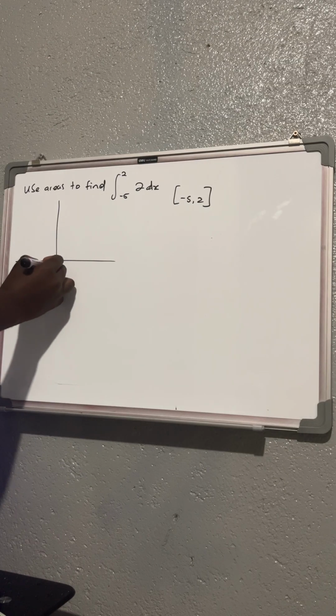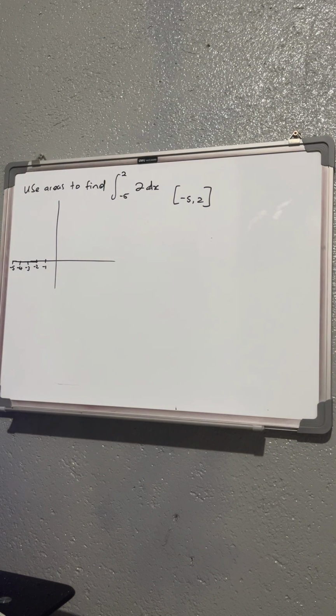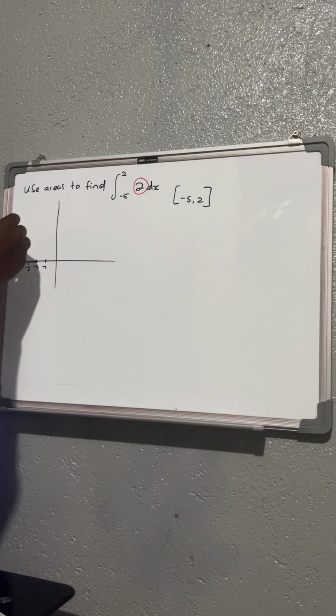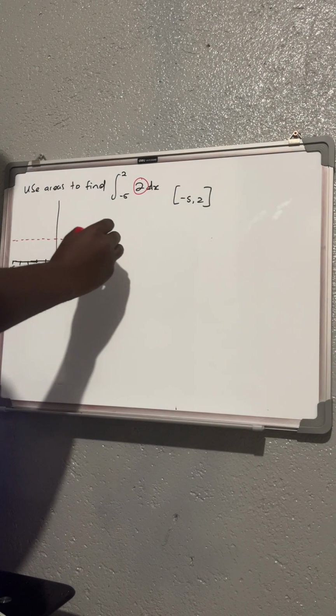So you have that minus 1, minus 2, minus 3, minus 4, then we're going to have that minus 5 here. Then the 2 here will just be your y value. So you're just going to indicate it here.